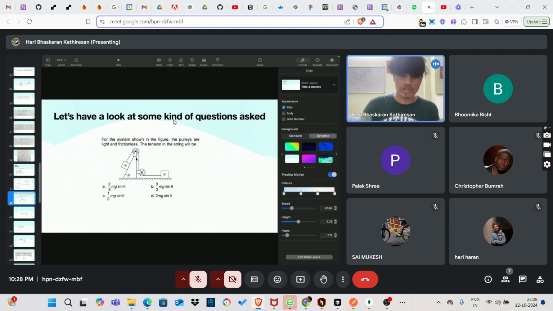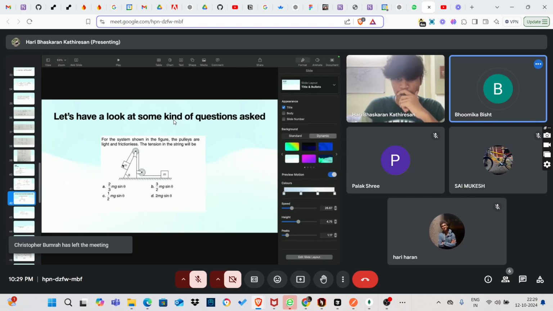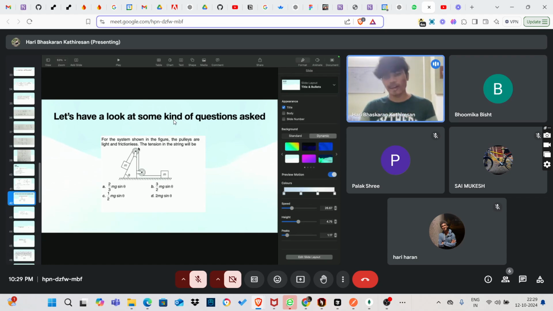What is the component parallel to the wedge? Mg sin theta. And the perpendicular one will be mg cos theta. And what else? Tension along the string. And normal from the wedge. Now you know normal is perpendicular to the wedge, right? So now we know the forces and the directions as well.